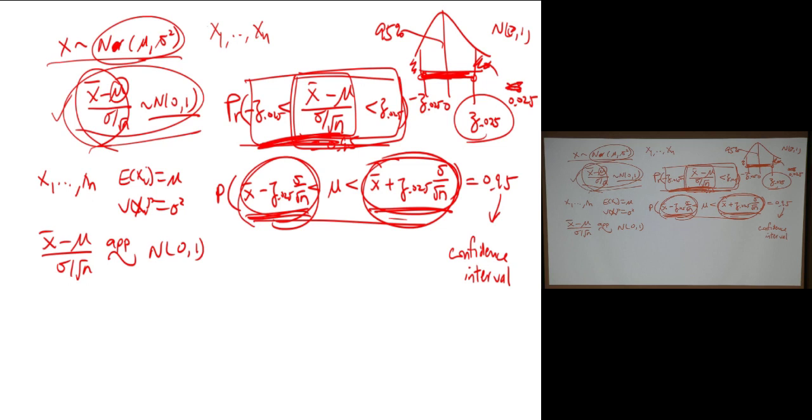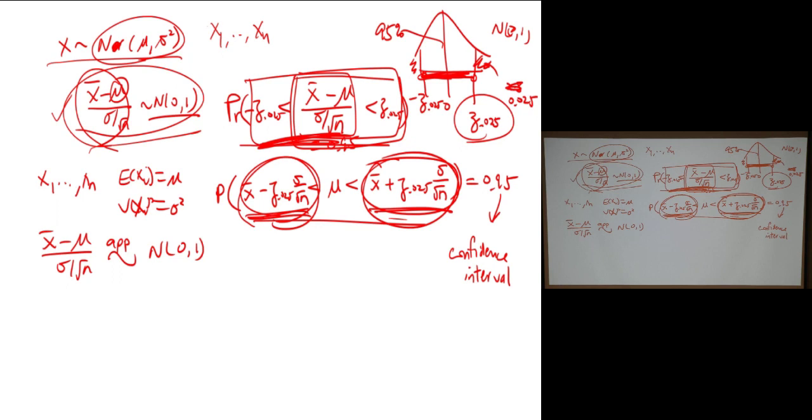While S squared is just the sample variance. It depends on your sample. A different sample will give you a different value of S squared. So S squared, in fact, is a random variable, a function of your random sample. So S squared is not the same as sigma squared.